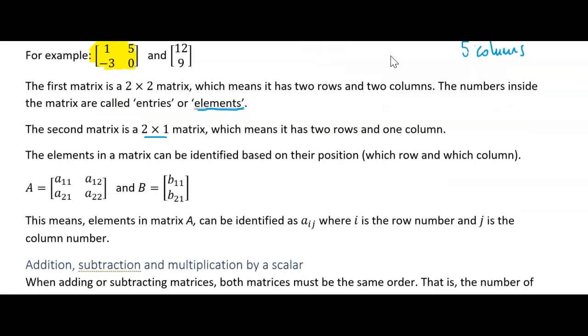With matrix A, we usually use a lowercase letter to represent the element, so if it's matrix A, we use lowercase a. If it's matrix K, we use lowercase k. Then a11 just means it's in row 1, column 1, and a12 is row 1, column 2, and so on.